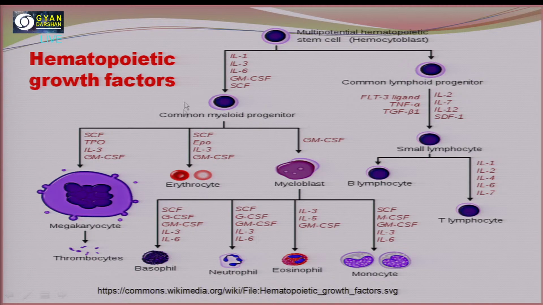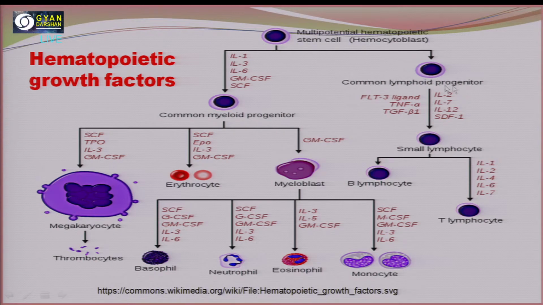So it is a very tightly controlled system, and according to the need for particular cells, they will differentiate into different types of cells, like basophils, neutrophils, eosinophils, and monocytes. And further, monocytes convert into macrophages.